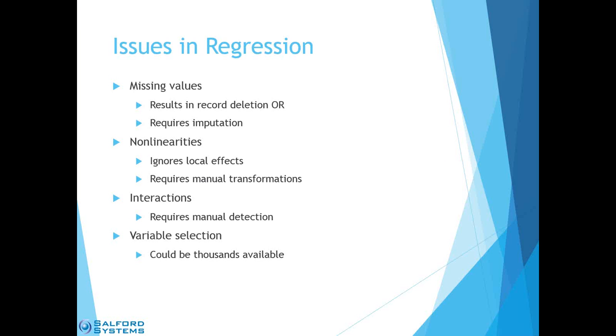Sometimes you have to add these in yourself. And finally, variable selection. If you have thousands of predictors and you're not sure about which ones you want to put in your model, or you're trying to decide what p-value level you're going to look at to choose your variables, it can just be a lengthy process. And I'm going to show you how our software does that for you automatically.